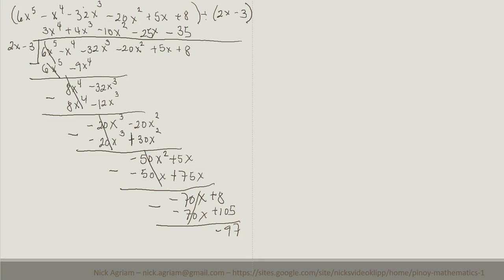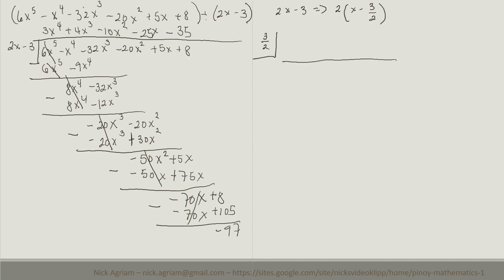Let's see with synthetic division. So we have 2x minus 3. If we factor out 2, then we have x minus 3 divided by 2. As you can see, our divisor now is positive 3/2.